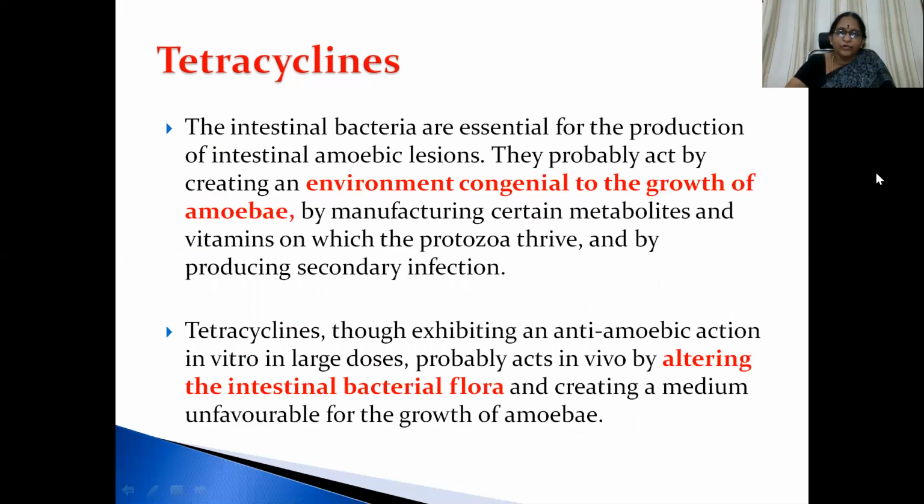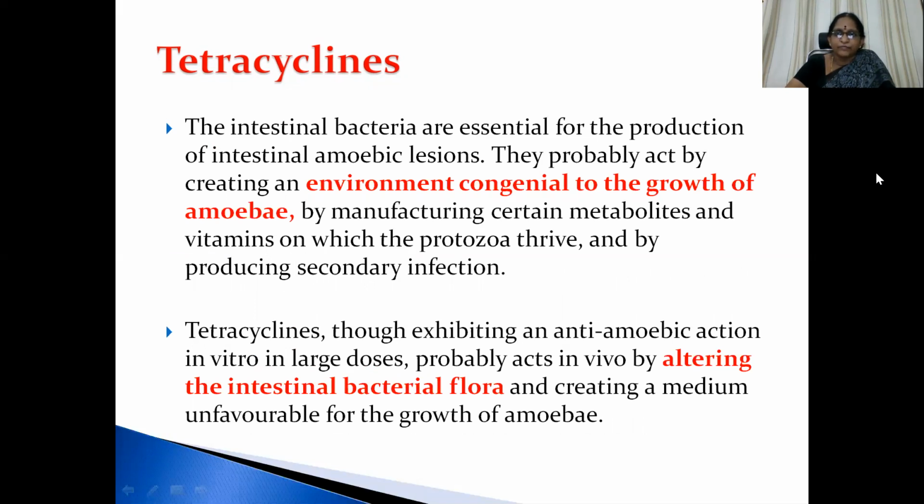This is a very important action that tetracyclines have. Intestinal bacteria are essential for the production of intestinal amoebic lesions. They probably act by creating an environment congenial to the growth of amoeba, by manufacturing certain metabolites and vitamins on which the protozoa thrive and by producing secondary infection.